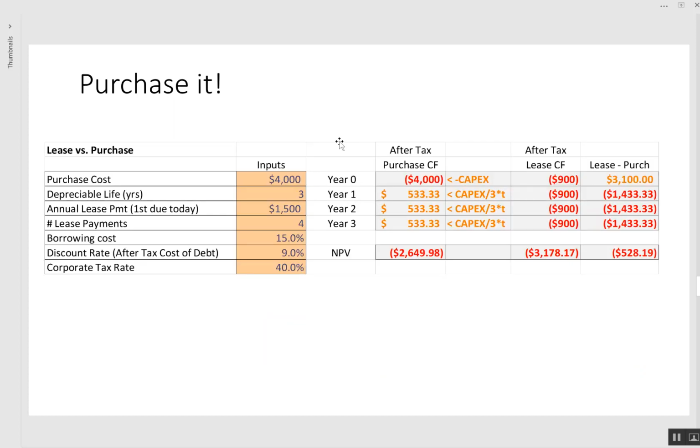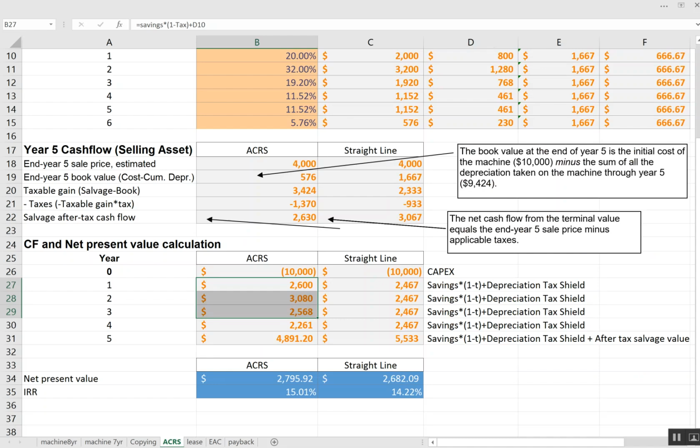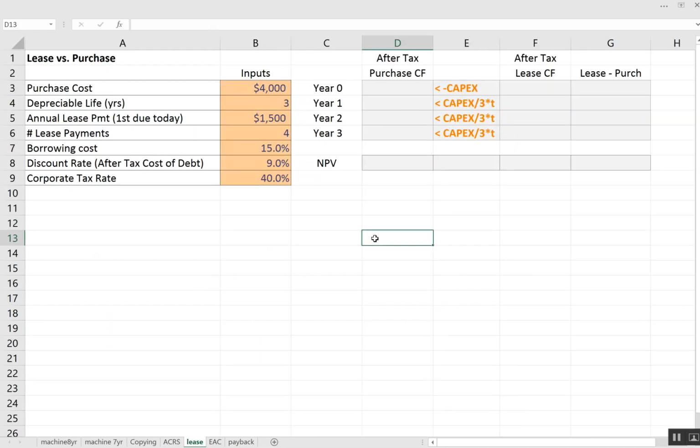So let's go ahead and calculate the NPV of both of these situations to decide whether we should lease or purchase. So if we purchase the asset, we will spend $4,000 today.